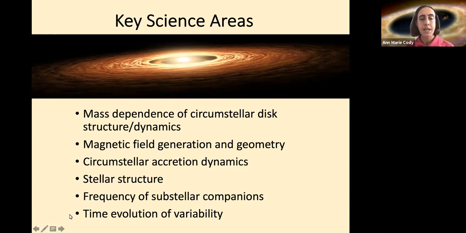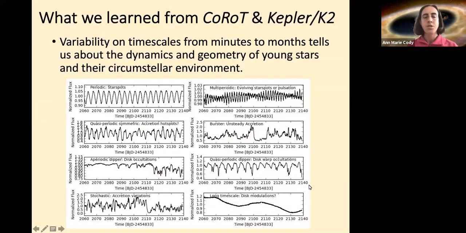And finally, these are very dynamic systems. As you will see in a moment, the variability can be quite crazy, and it is an indication of the physical dynamics going on in these systems. We'd like to see how that varies as a function of time, basically how stable the processes are that create variability in young stars. So what have we learned from previous space telescopes prior to TESS?